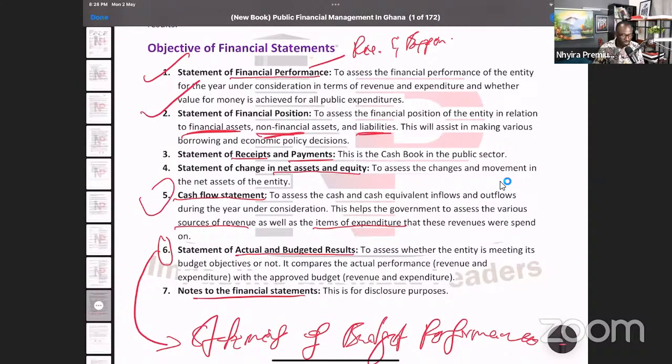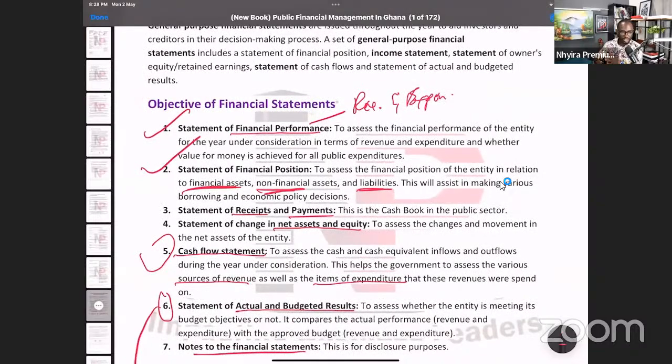Then the statement of budget performance can also be independent on its own. Any of them can be asked by the examiner, so you have to know how to deal with each of them. And we're going to be going through them as we continue with our discussion. So these are the sets of financial statements and their objective for the entity. Any questions, please?